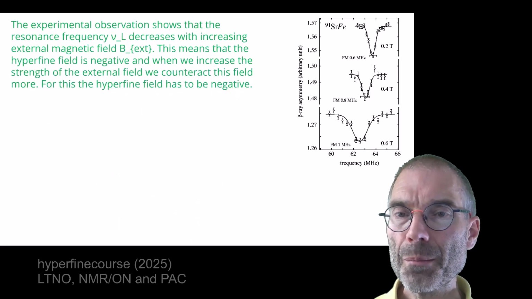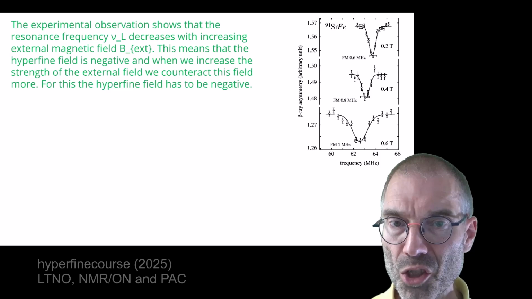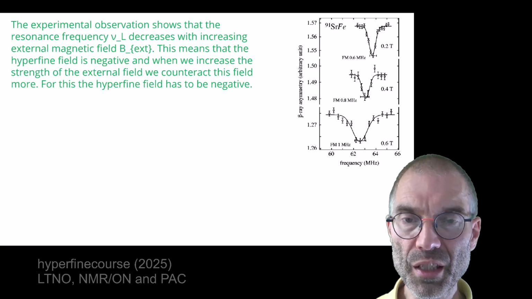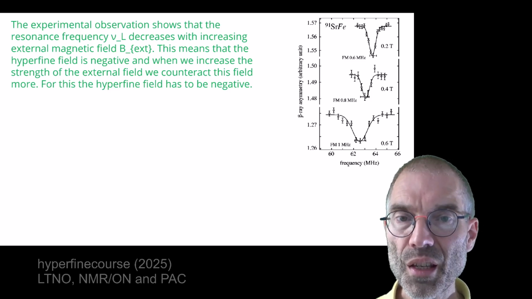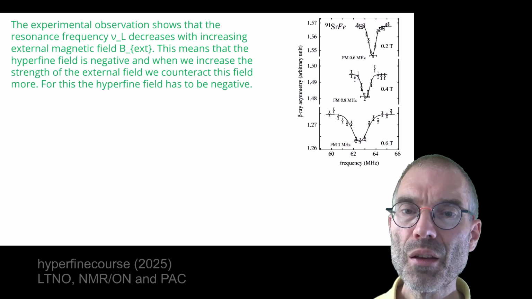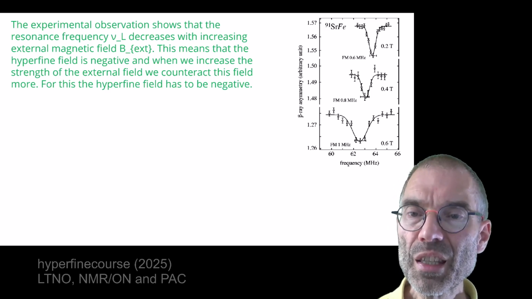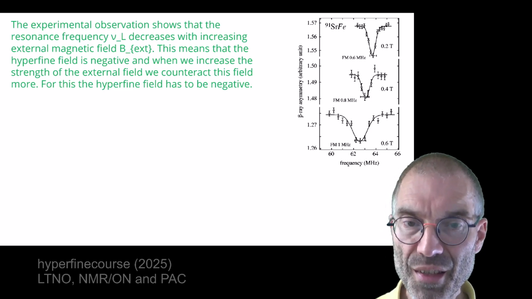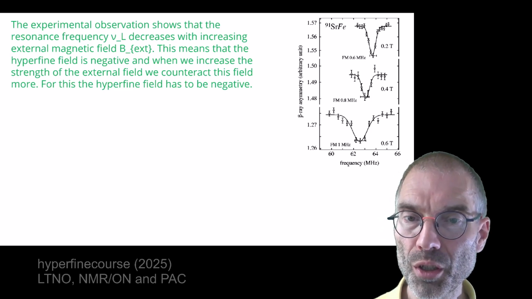Another answer: the experimental observation shows that the resonance frequency decreases with increasing external magnetic field. That's correct. This means that the hyperfine field is negative. When we increase the strength of the external field, we counteract this hyperfine field more.